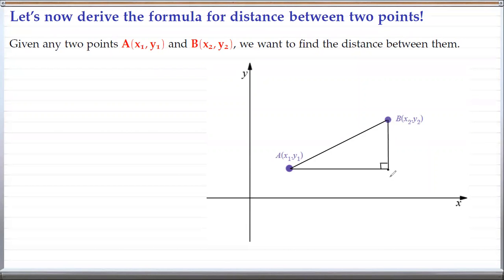I can call this point C. So the side BC here, if you look at the y coordinate at B, this value is Y2. And if you look at the y coordinate at A, the value here will be Y1. So this length BC is exactly the same as that length. That means it should be Y2 minus Y1.